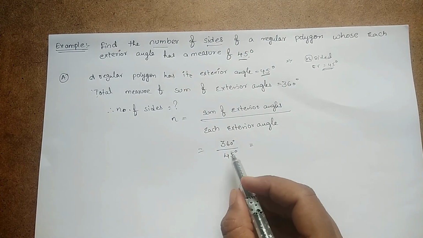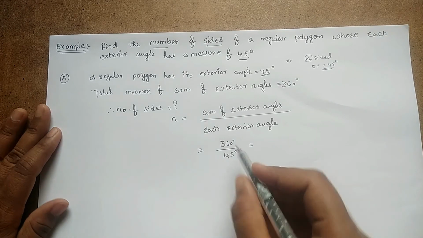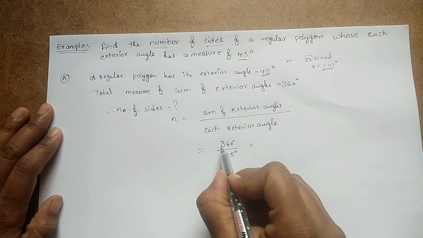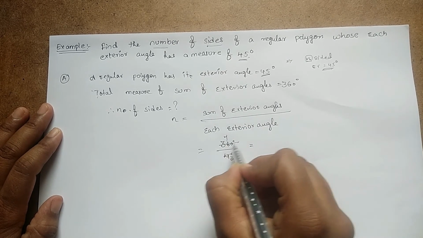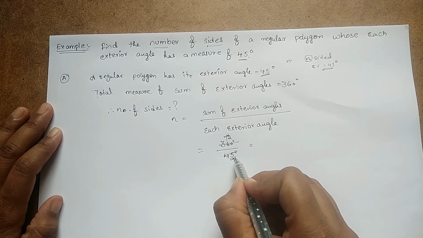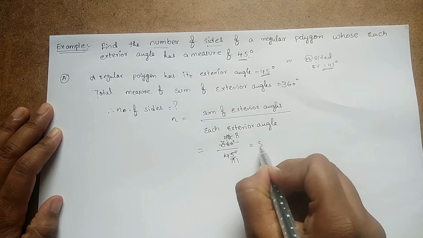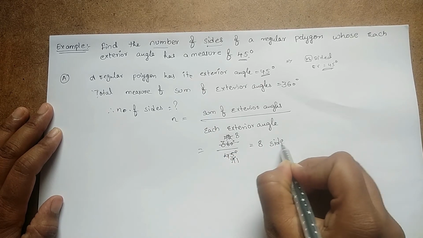Here it cancels by 5, both numerator and denominator. 5 nines are 45, 5 eights are 40, so 360 divided by 45 is 8 sides.